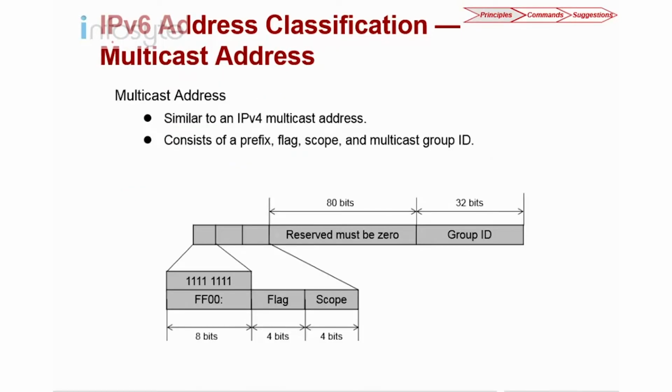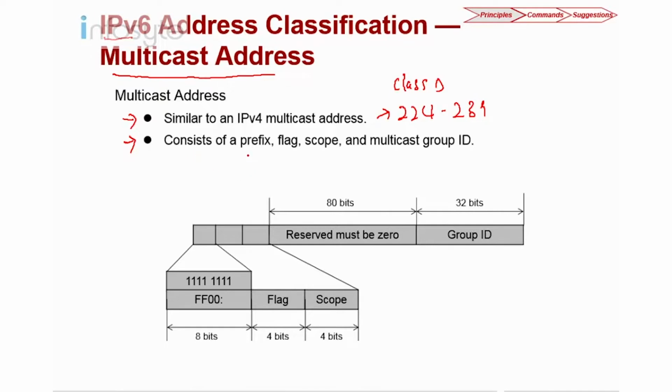Now let's look into the IPv6 multicast address. In IPv6, similar to IPv4, we have the multicast address. Just to do a bit of revision, in IPv4 we recognize multicast by class D, which starts from 224 to 239. Then how about in IPv6?